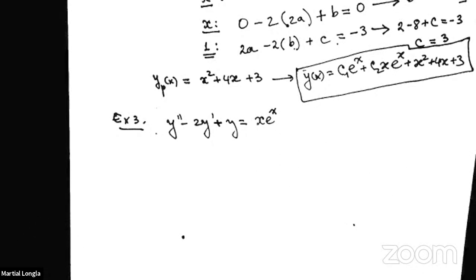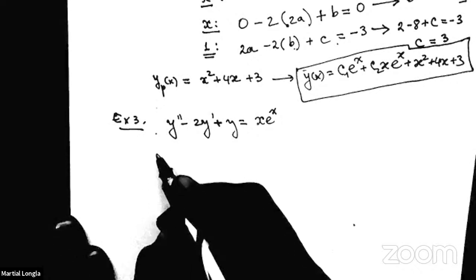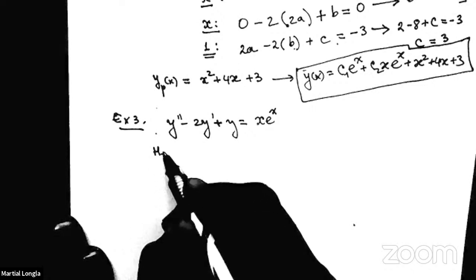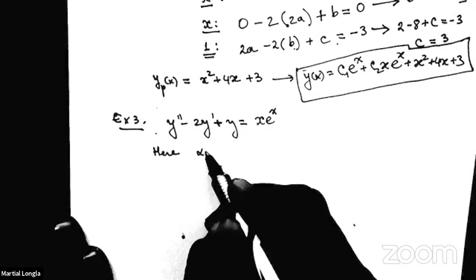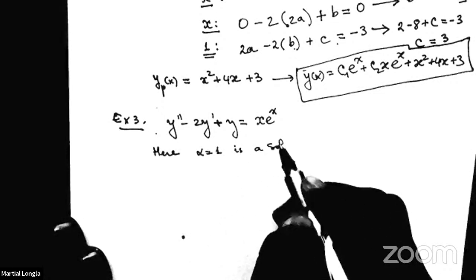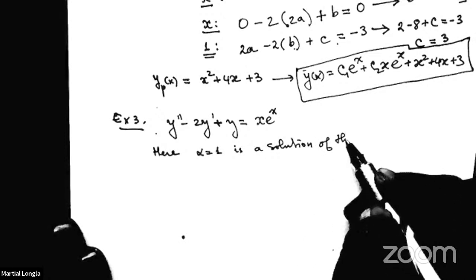Okay, that's what I said is equal. And now I remind you, here alpha equal 1 is a solution of the homogeneous problem.